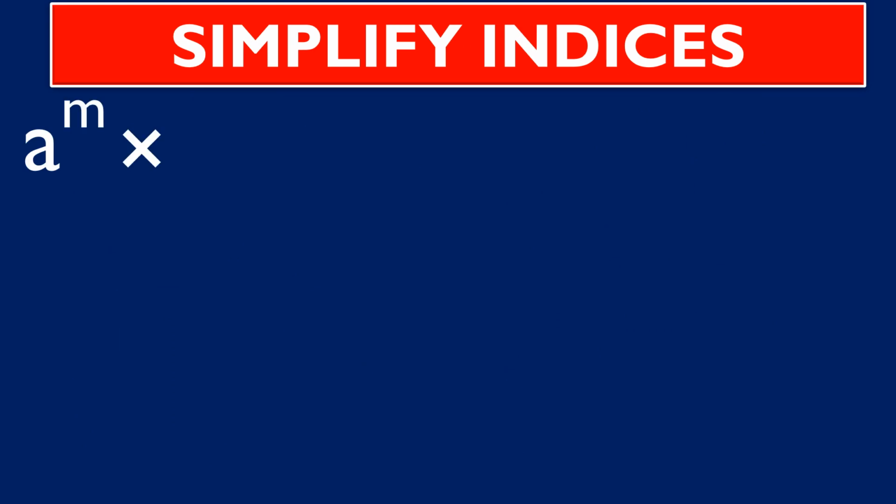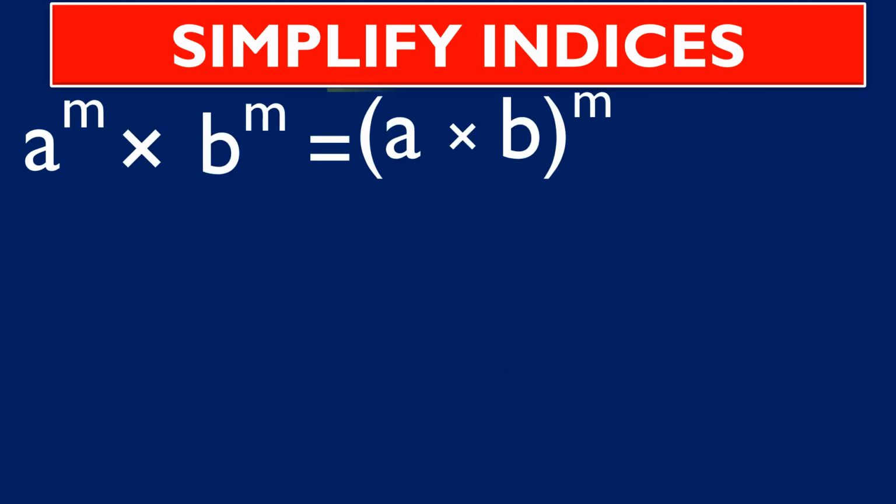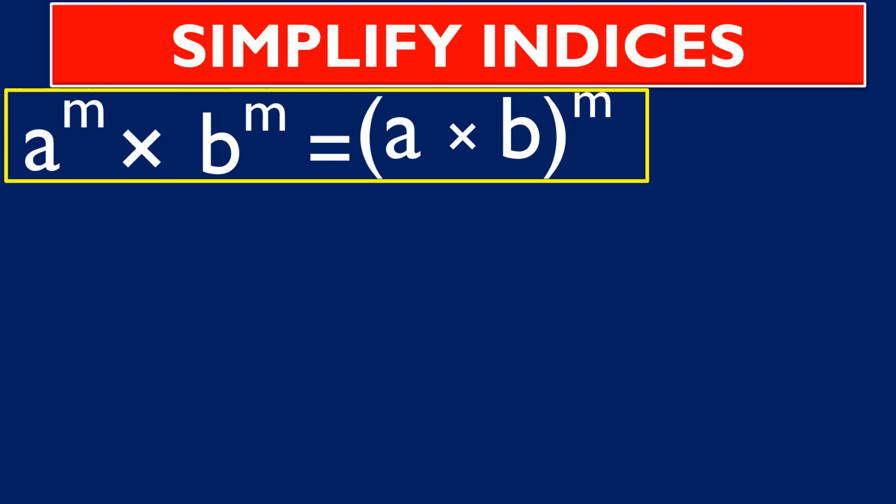From the law of indices, when you have the same index but different bases and they are multiplying each other, all you need to do is multiply the bases and raise the product to the common index.